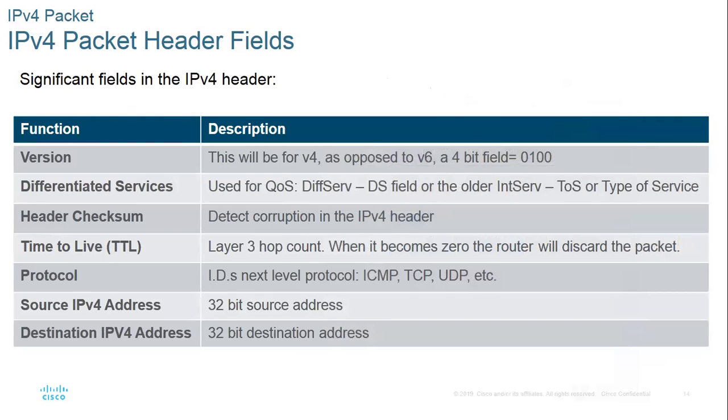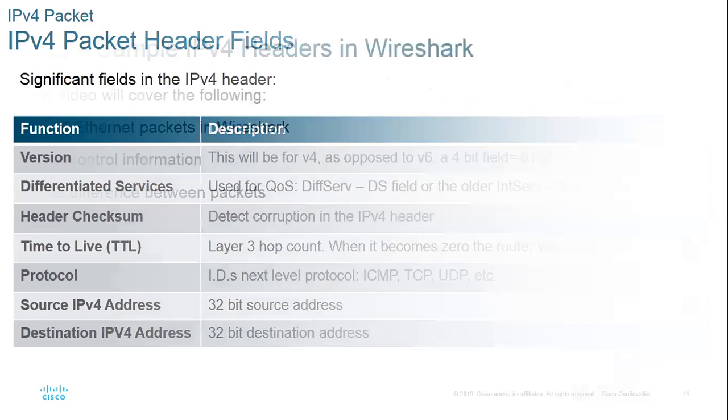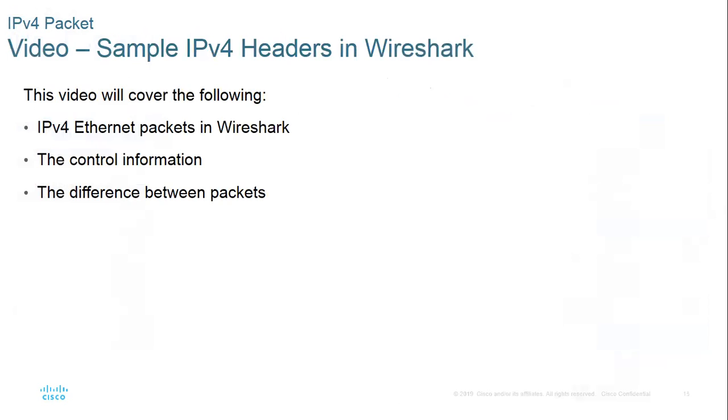I missed something: the source IP address and destination IP address are 32 bits, represented in dotted decimal value. In this video, you will be watching a sample of IP headers using Wireshark, which is a tool to sniff, to capture traffic over the wire and to analyze it, very used by security officers.